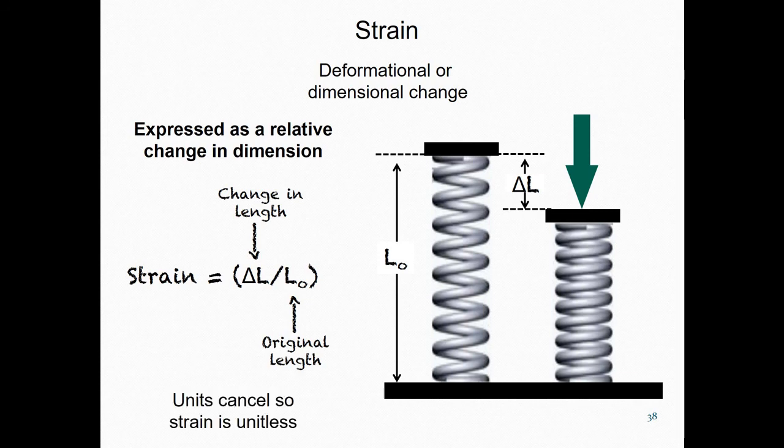Both delta L and L0 in this formula have units of length, and when we divide through by them, they cancel each other out. Because of this, the physical quantity of strain is what we refer to as a dimensionless quantity, and it does not have units.